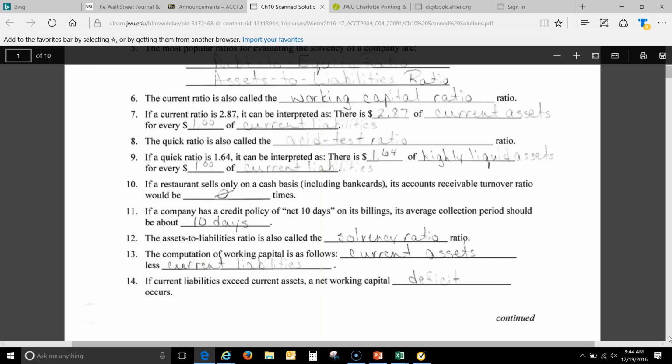Number 10, if a restaurant sells only on a cash basis, including bank cards, its accounts receivable turnover ratio would be blank times. Think that one through. If we sell on a cash basis, let's back it up even more.